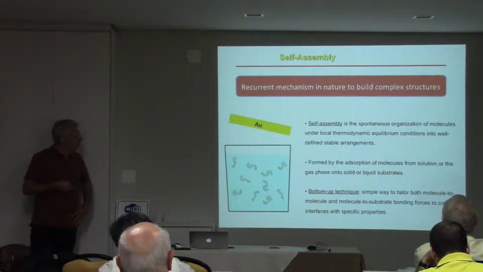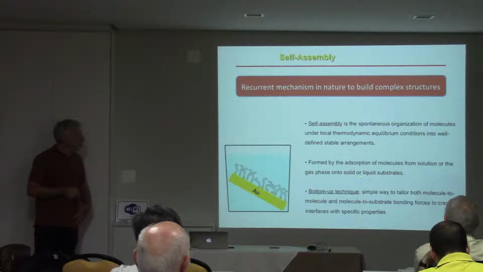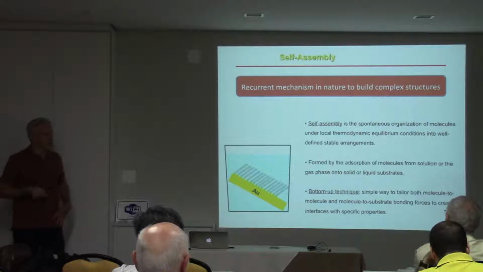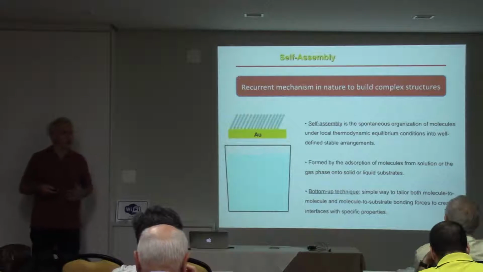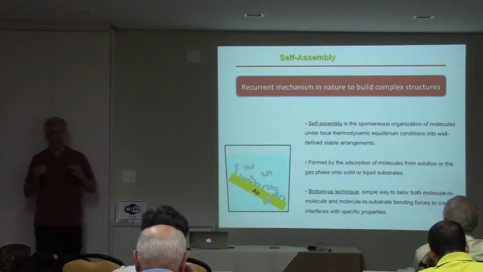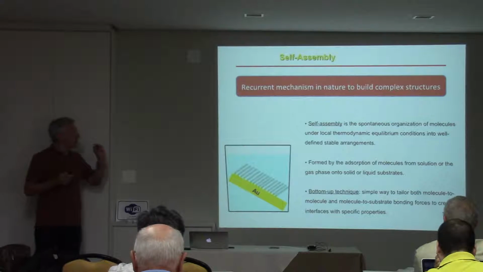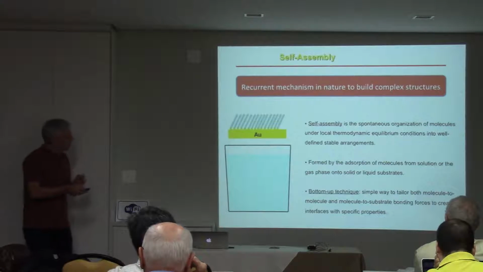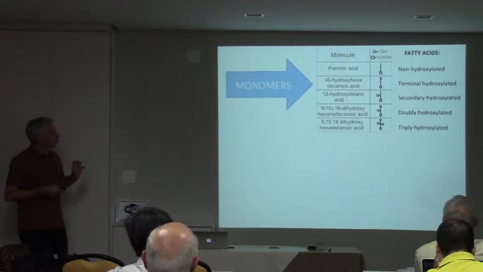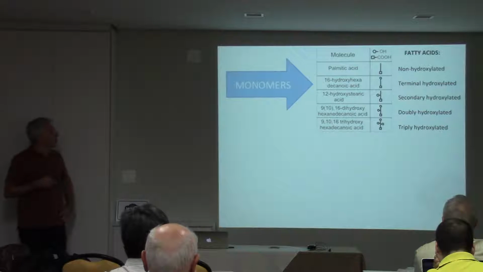We have used this strategy as well, as a bottom-up technique like in electrochemistry, to build specific monolayers with different properties. But how does it work in nature for this kind of biopolymer?